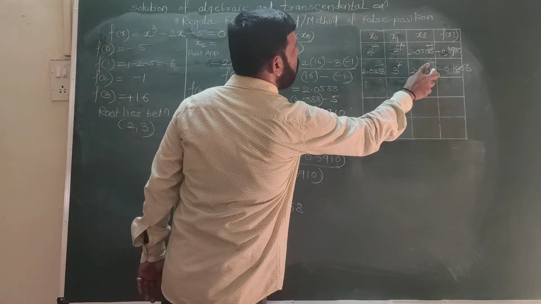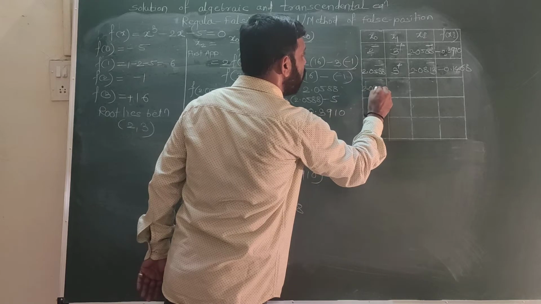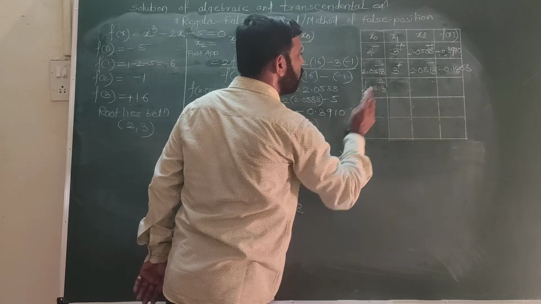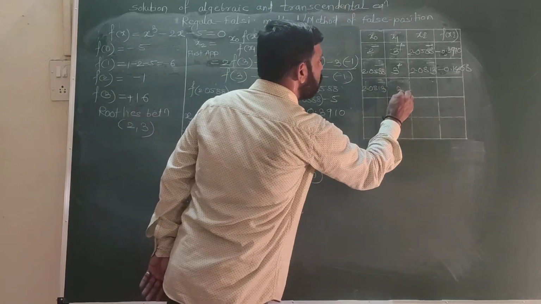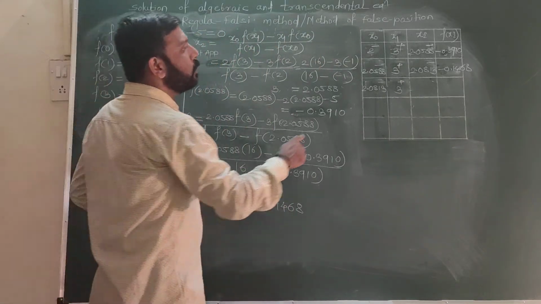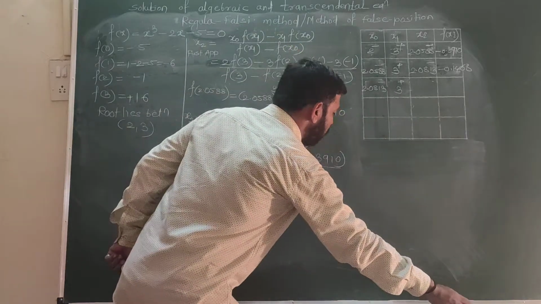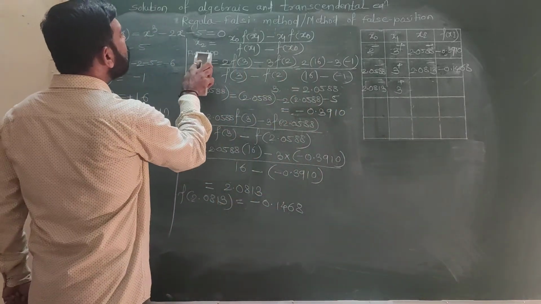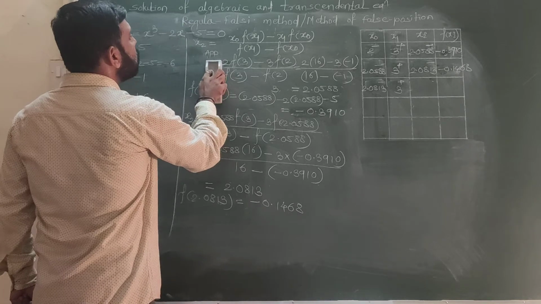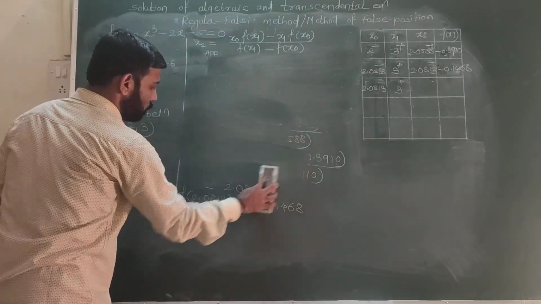So the next interval becomes minus and plus: 2.0813 and 3 plus. We consider the opposite sign terms. So this becomes the new x0 and this becomes x1. Now this becomes our third approximation.